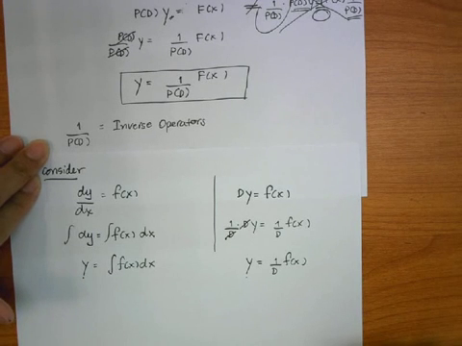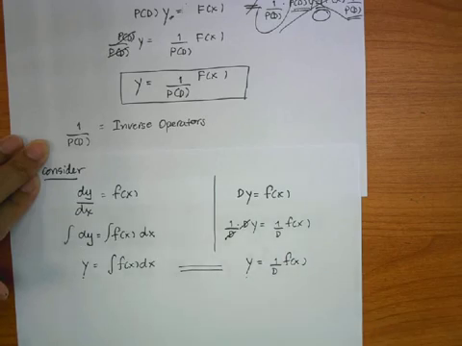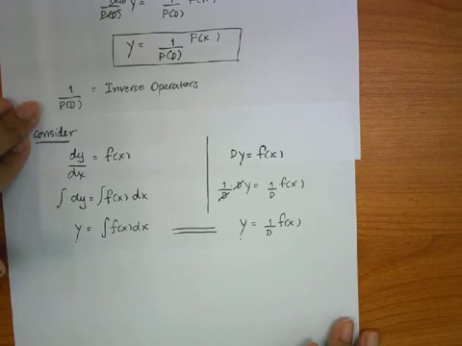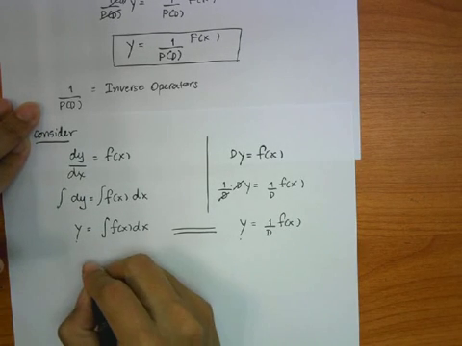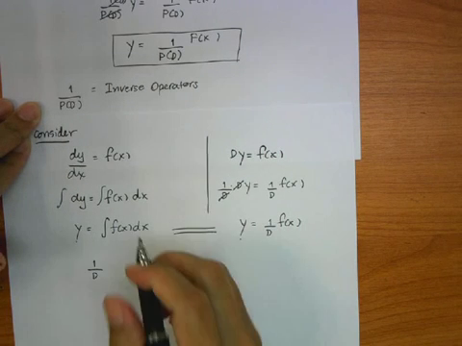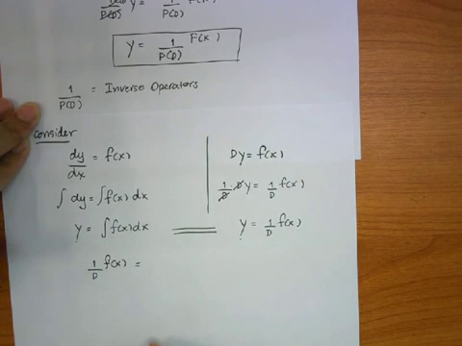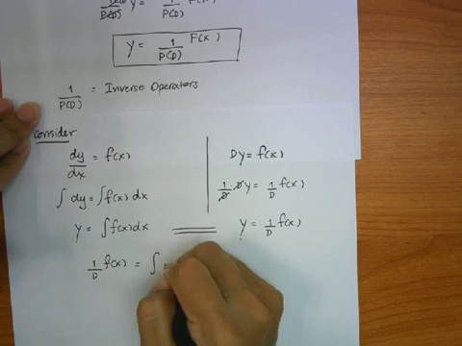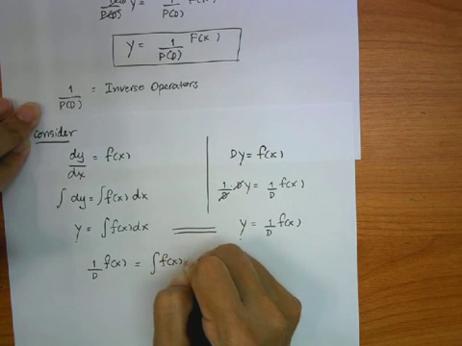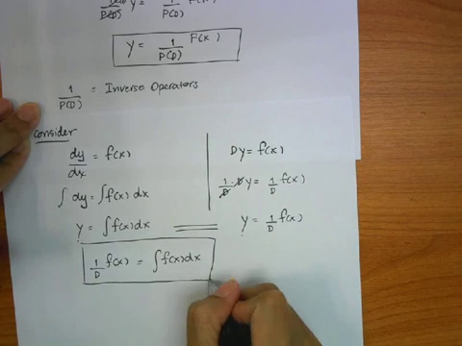It has the same meaning, we just write it in a different form. So because these two are equal, the operator 1 over D times f(x) is equal to the integral of f(x) dx. That is the first definition that you have to know.